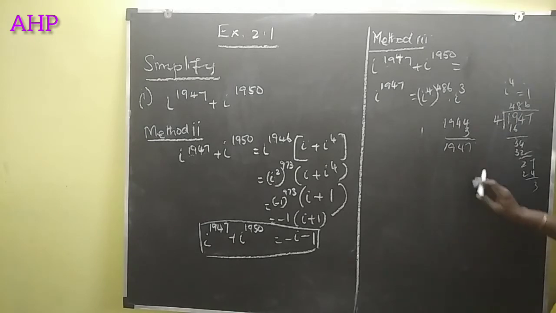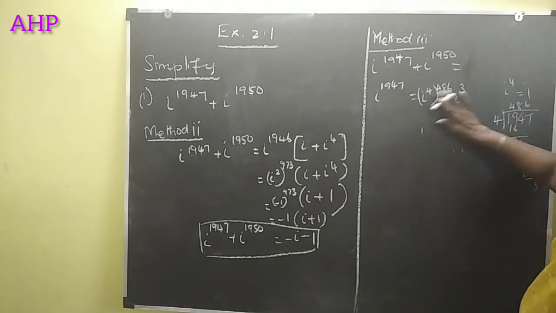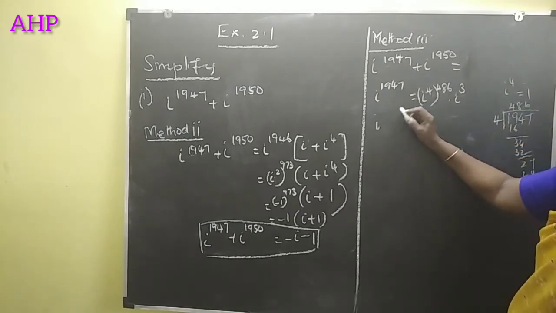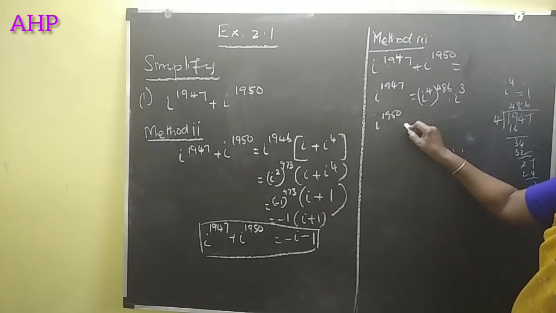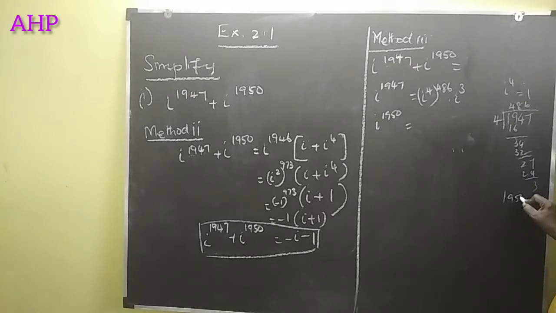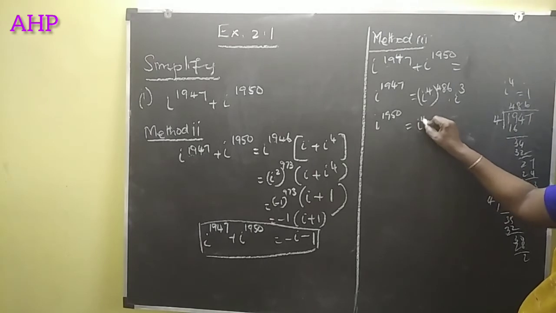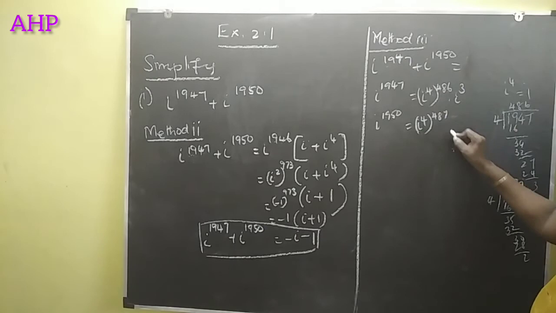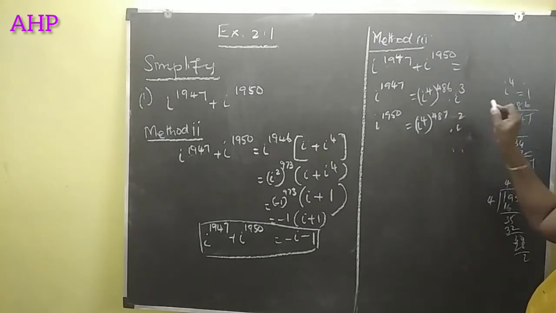Same way, we can write i^1950: dividing this by 4, you get 4 4s 16, 35, 8 4s 32, balance 3, 7 4s 28, balance 2. So (i^4) the whole power 487 into i square.